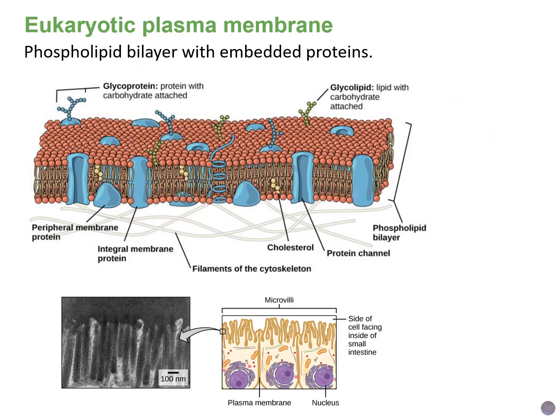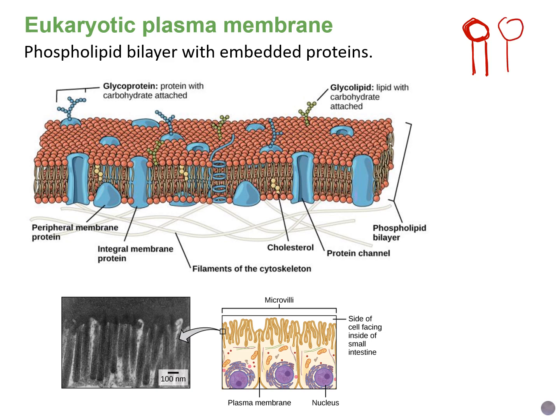As I mentioned earlier, all cells have a plasma membrane, but eukaryotes have pretty complex membranes with different things embedded within the membrane. All membranes are made of a phospholipid bilayer that we saw before. Remember, a phospholipid looks like this. We have a water-loving hydrophilic or polar head and two water-fearing tails.